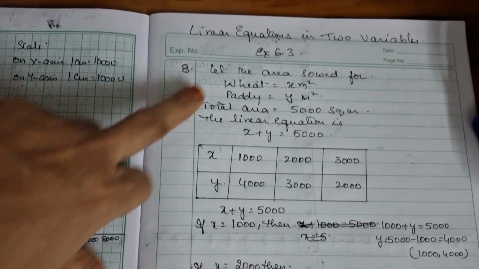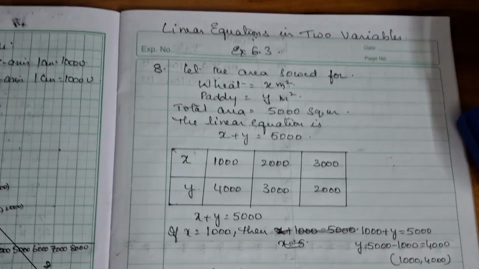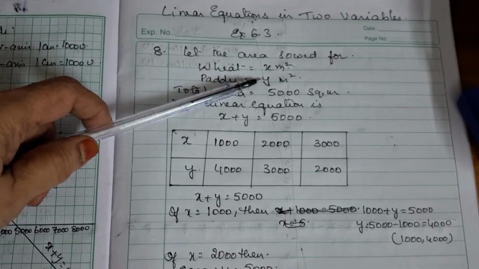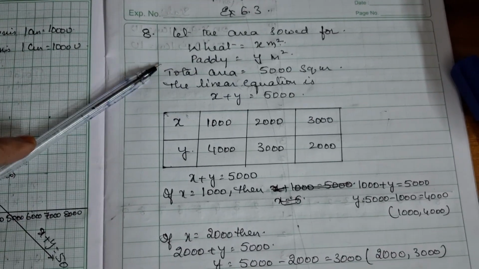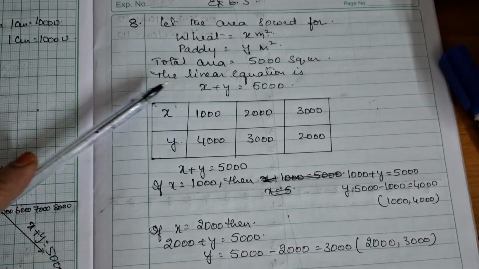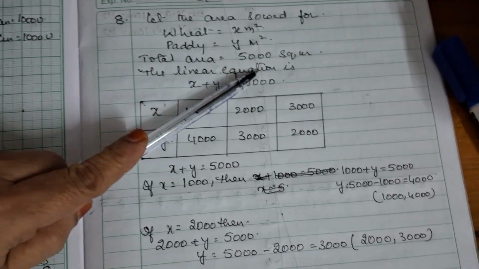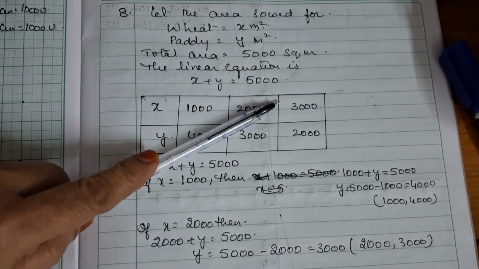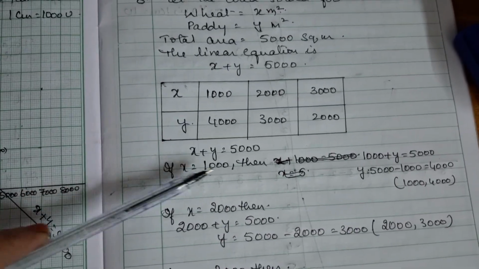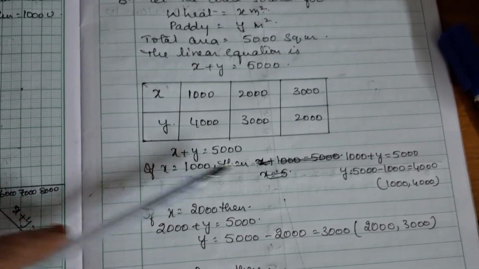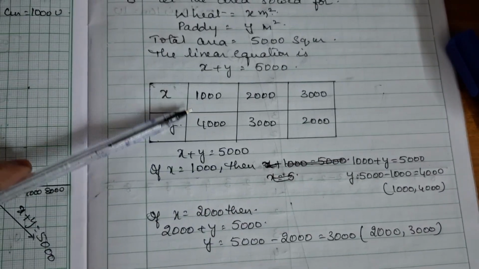Let the area sowed for wheat be x square meters and for paddy y square meters. The total area is 5000. That means x plus y, so the linear equation we get is x plus y is 5000. Now I take x values and y values. Suppose I take x as 1000, then 5000 minus 1000 is 4000.